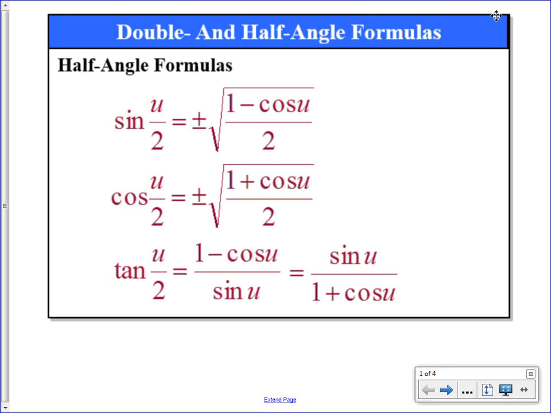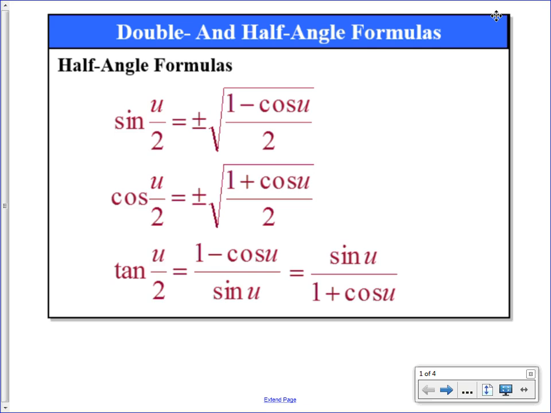One thing I do want to point out for sine and cosine: there are two possibilities, because it's the positive or negative square root of either 1 minus cosine of U divided by 2, or 1 plus cosine of U divided by 2. The way you determine whether it's the positive root or the negative root is based on the quadrant that the angle is in.